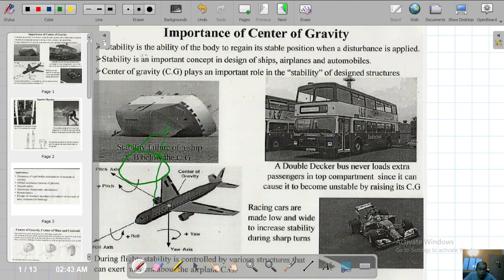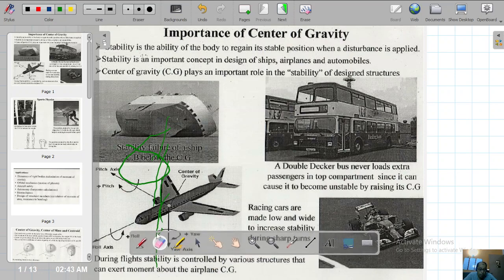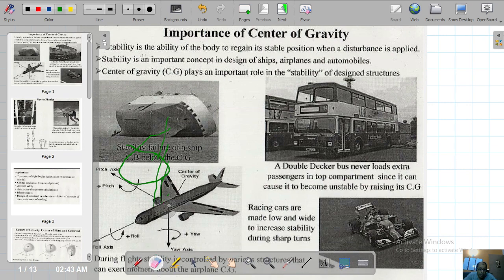Centroid and center of gravity are the same for you. In this aeroplane, if you look at the type of loading, it has three different axes: the roll axis, the pitch axis, and the yaw axis.